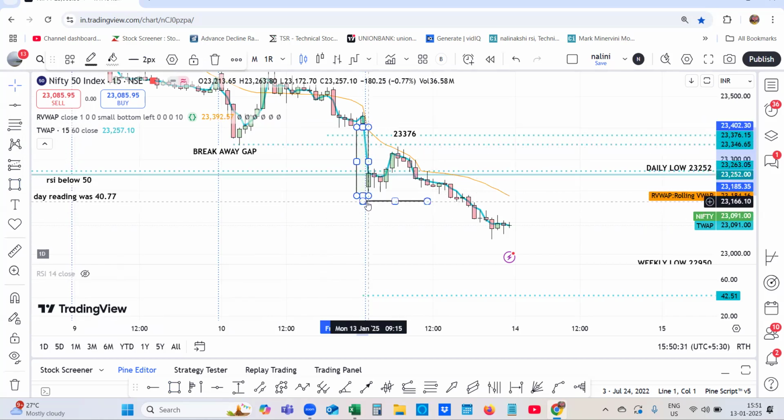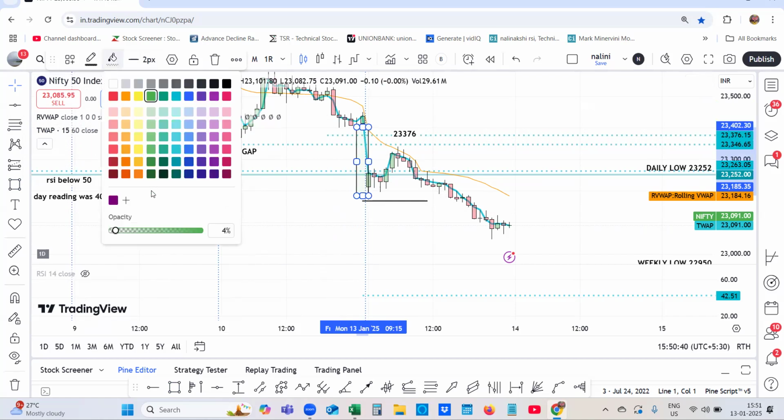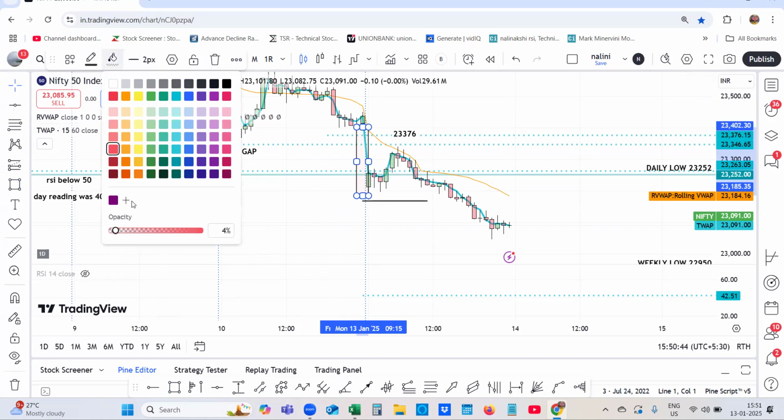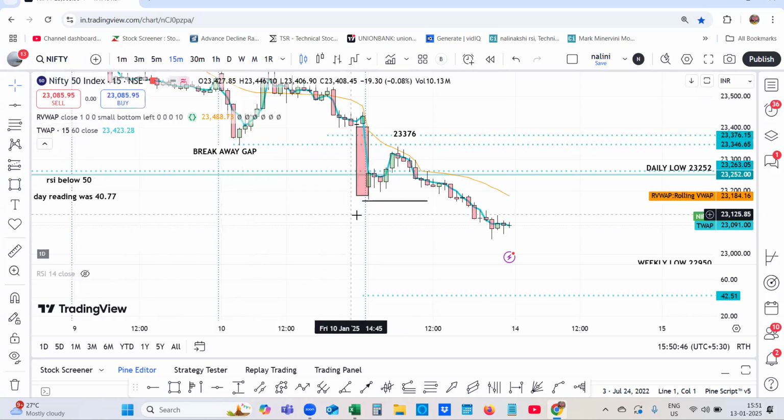You need to put a candle like this for the gap and color it red, for your visual help. Let me make it red. Then you will understand this will be a pullback.